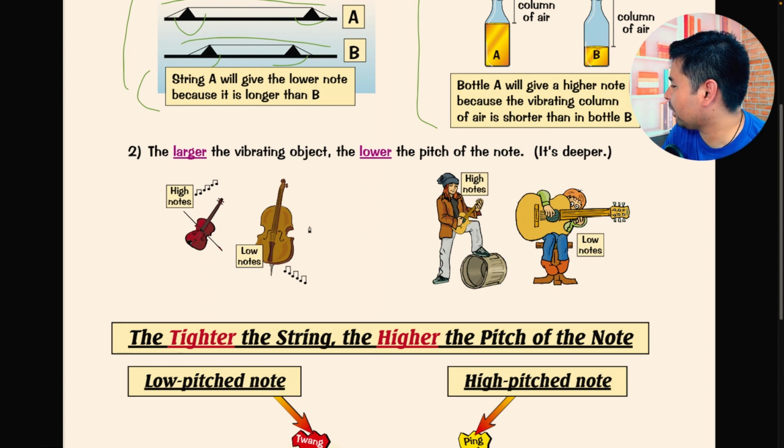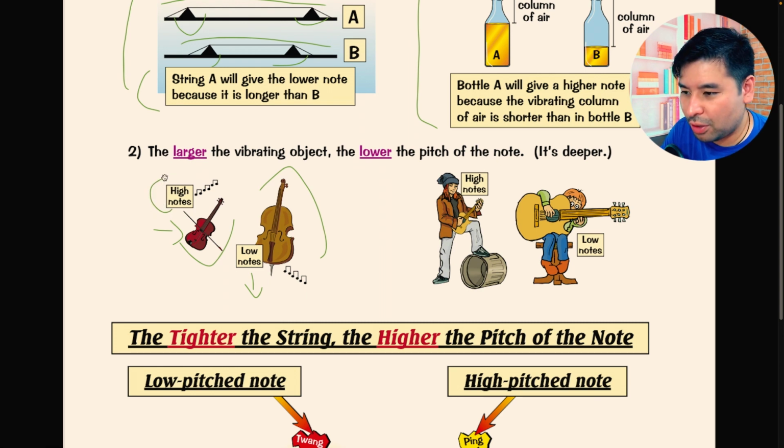So, we have a violin and we have a cello, I guess, yeah? We call it cello. In Portuguese, violoncelo, right? So we can see that the cello here is bigger than the violin. So, if it's bigger, the note is lower. If it's smaller, the size is not so big, the note is higher. So this is how it works.